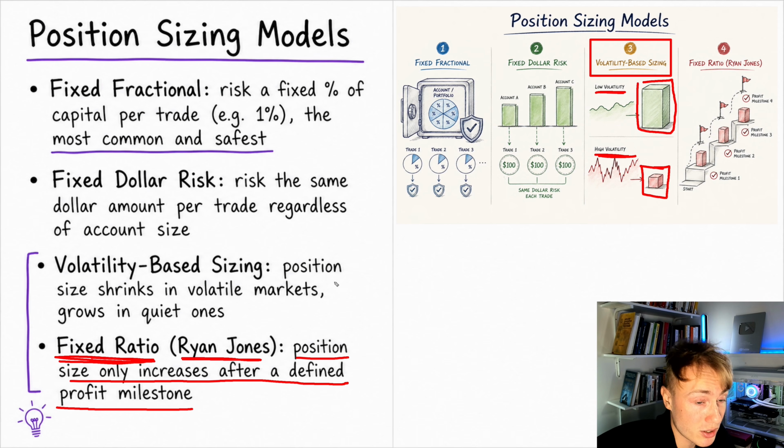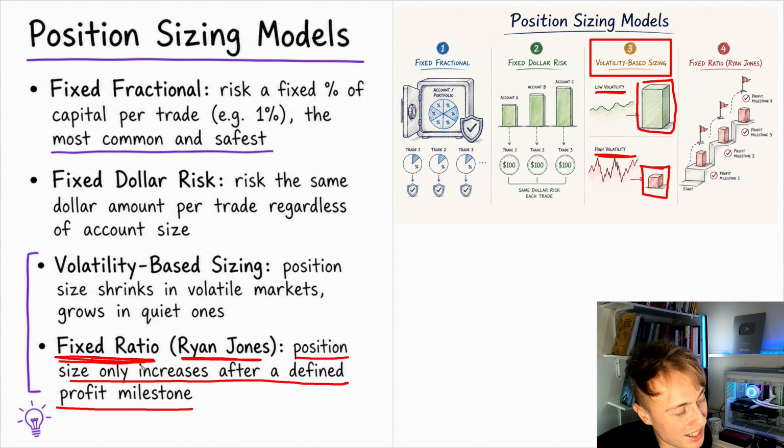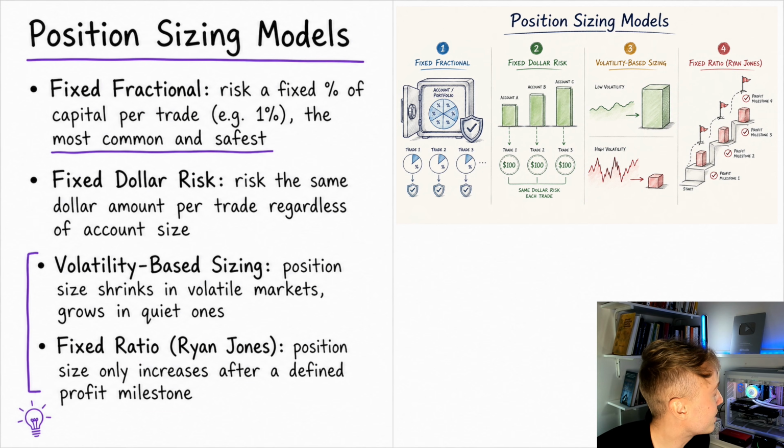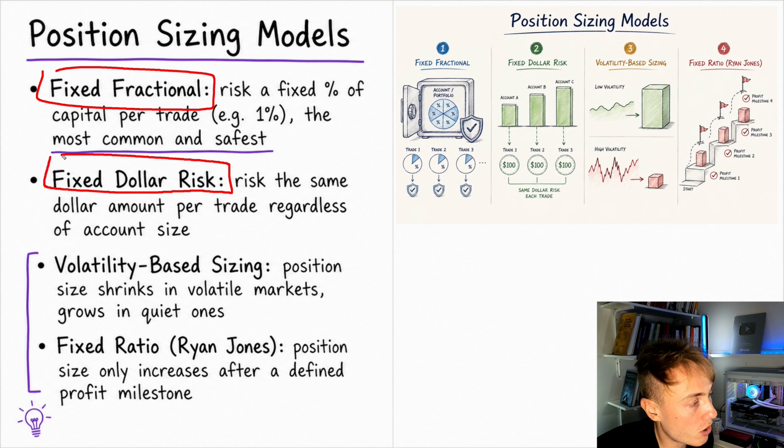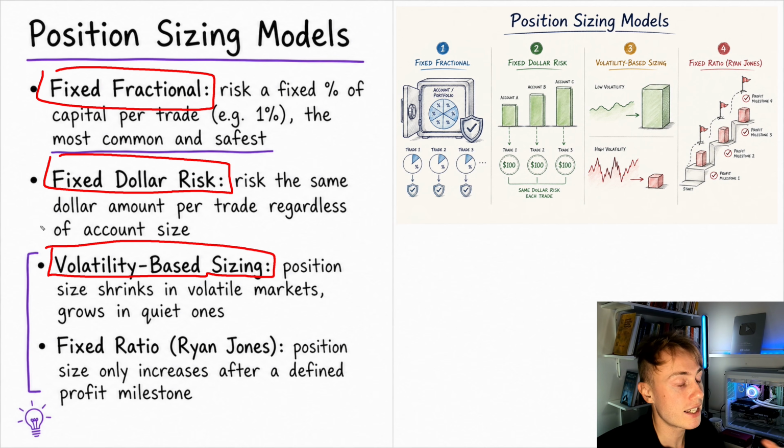And then after the second profit milestone, you might be able to risk 200 per trade instead. This is a method I don't really recommend. For most beginners, keeping it simple with fixed fractional or fixed dollar risk is the way to go. And if you want to be a little bit more advanced, you can definitely include volatility into the picture.